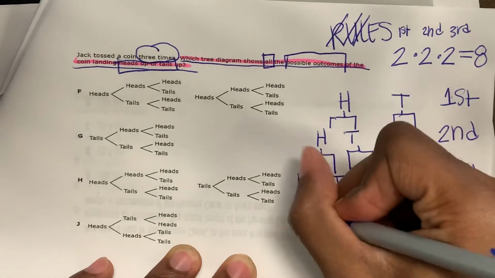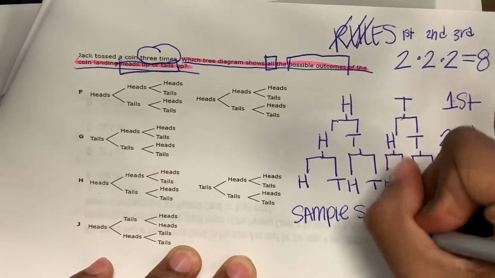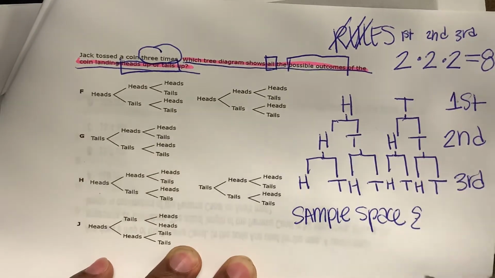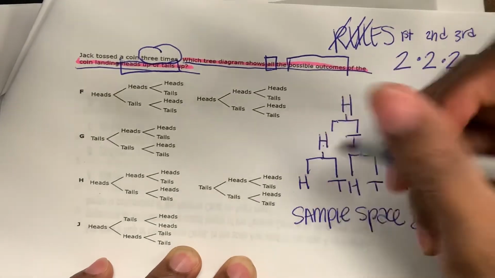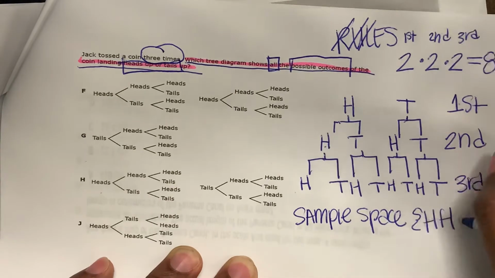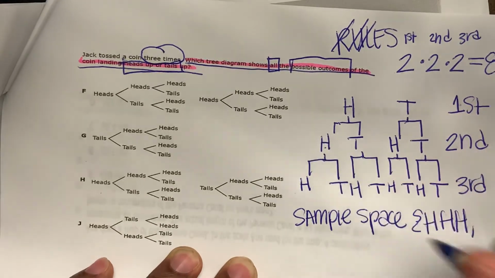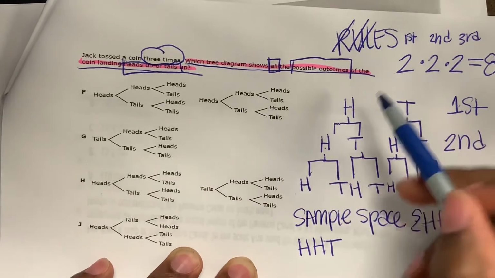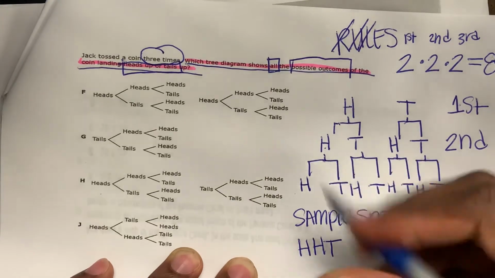So let's draw our sample space. So our sample space, we'll draw a curly bracket. We can get either heads, heads, heads, H, H, H. We can get heads, heads, tails, which would be H, H, T. We can get heads, tails, heads.